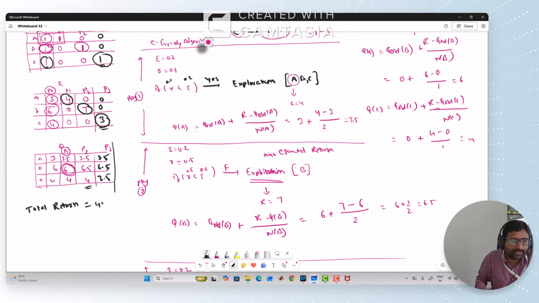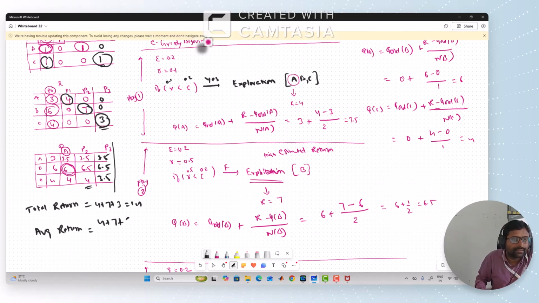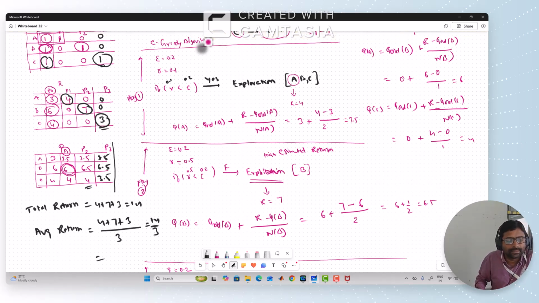So total returns are 4 plus 7 plus 3, that's equal to 14. And average returns. So you have to calculate the average returns. Average returns means first play 4, second play 7, third play 3. So total number of plays is 3. So that's equal to 14 by 3, which is about 4.6. So on average he got 4.6 rupees from each play.